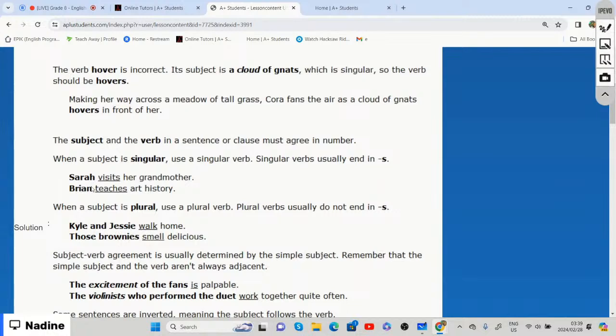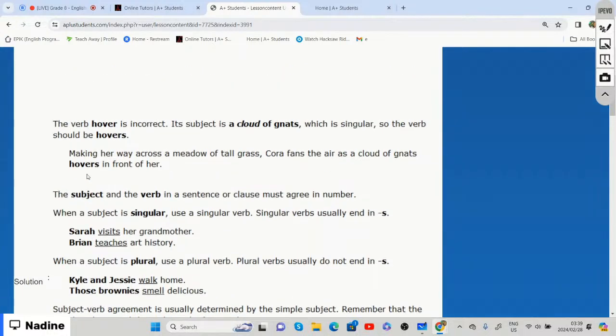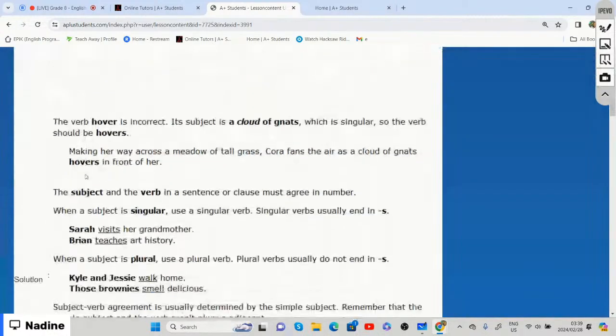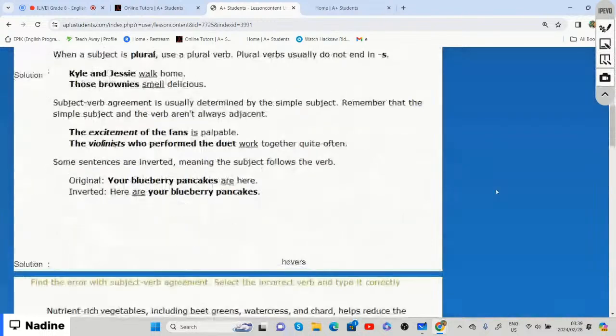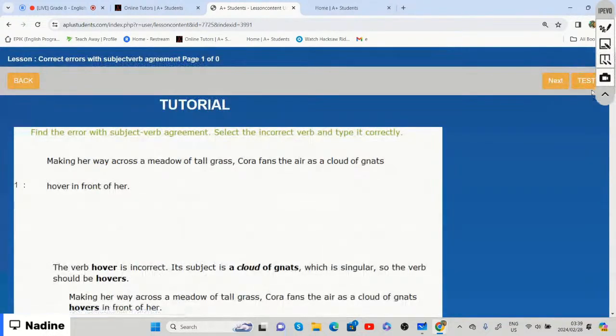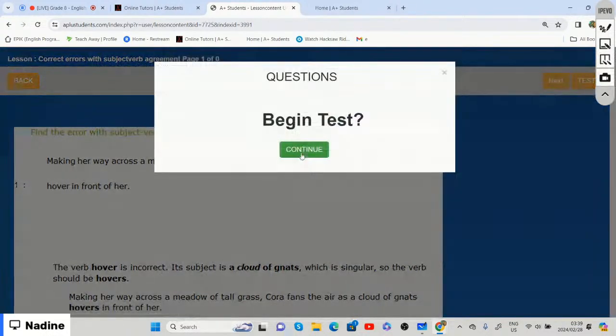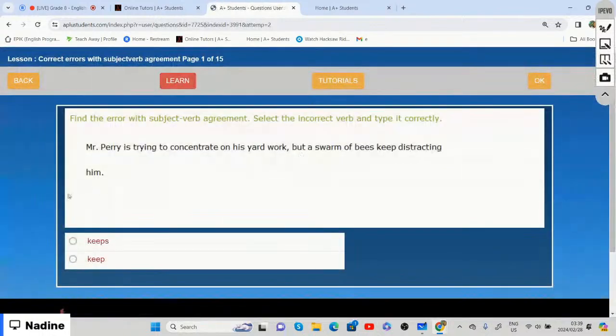Now we're going on to our test. We need to find the error with the subject verb agreement. Select the incorrect verb and type it correctly. Mr. Perry is trying to concentrate on his yard work, but a swarm of bees keep distracting him.